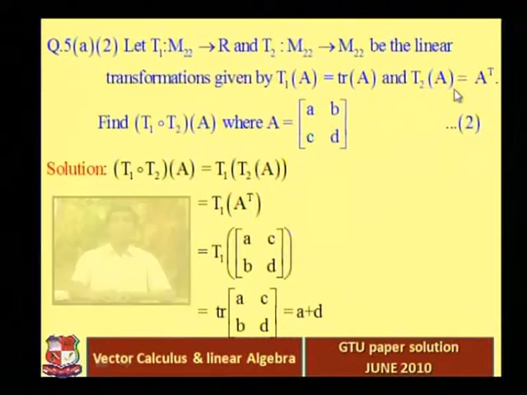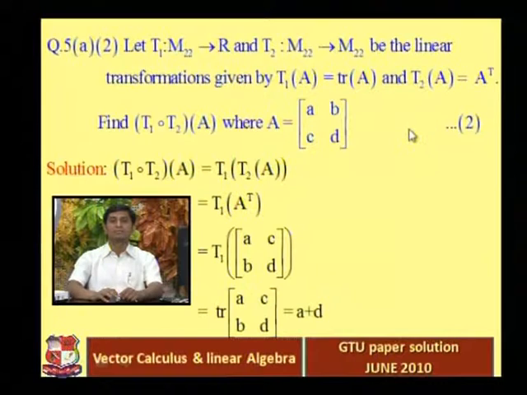Trace of A means the sum of the main diagonal entries. Here capital A is a 2 cross 2 matrix. Now we want to find the composition of T1 with T2 of the matrix A, where A is the 2 cross 2 matrix [a b; c d].